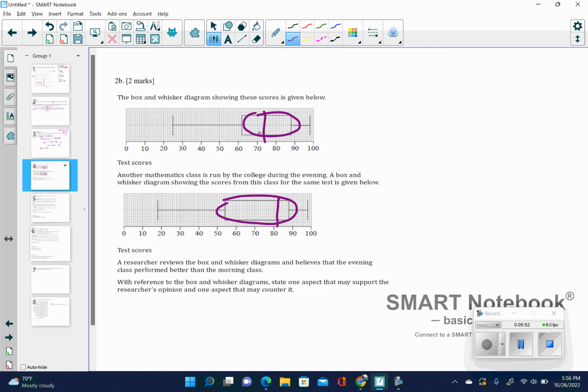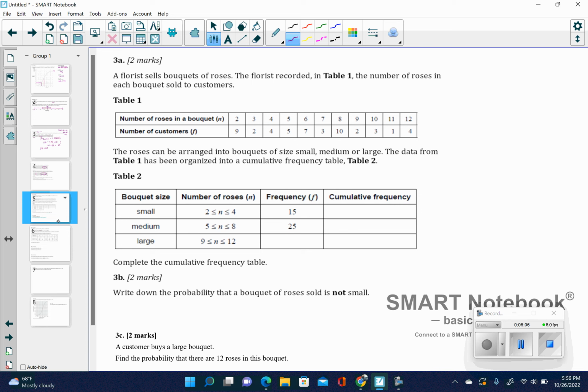The lowest scores are in the evening. If you look, here's the lowest score, right? They are in the evening. And that is some things that you can go ahead and give, support the researcher's opinion as well as counter it.